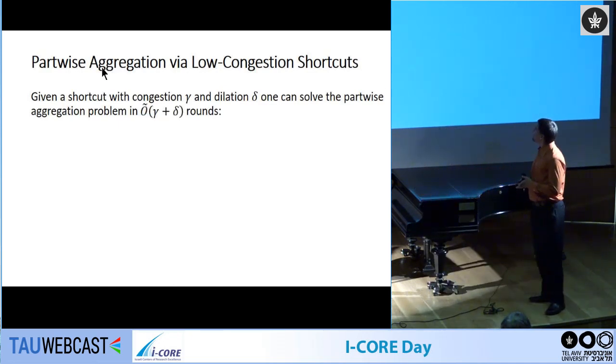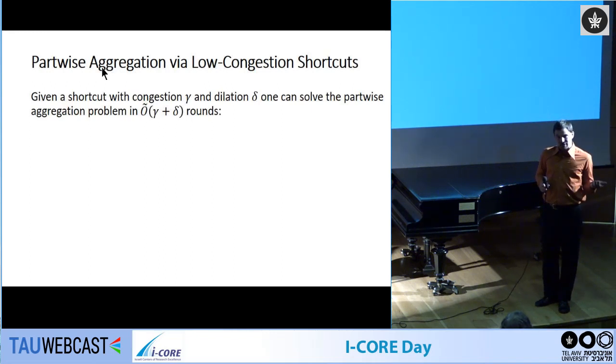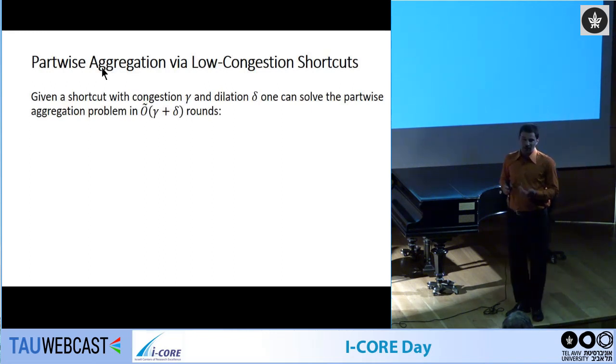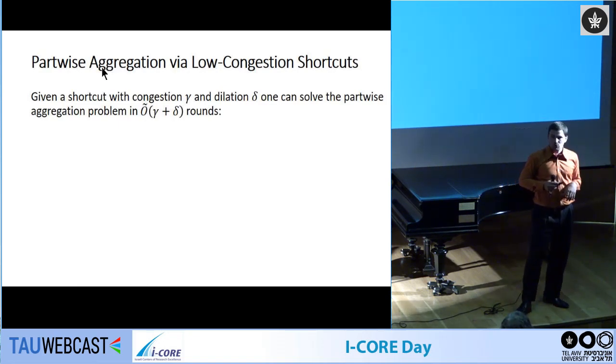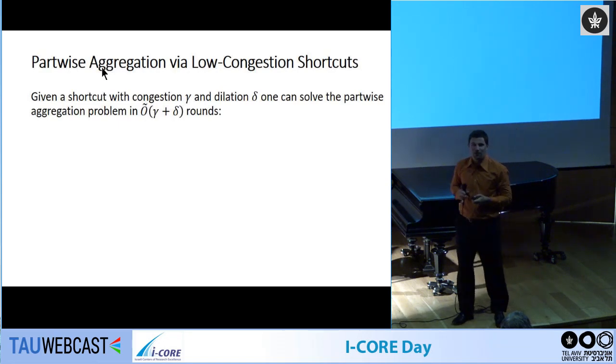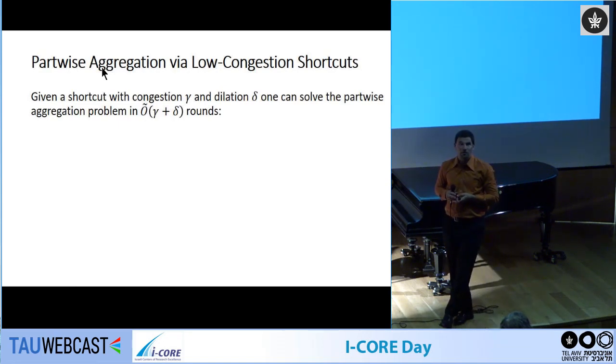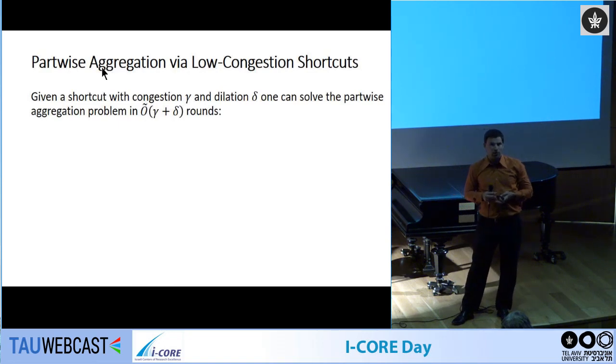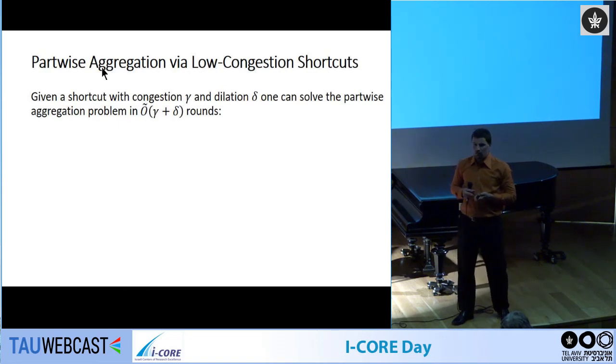I claim that if we have a shortcut with dilation delta and congestion gamma, then we can solve the pairwise aggregation problem in gamma plus delta time. Gamma times delta is really trivial. Does anybody see how to do gamma plus delta, times some logs? We're hiding logs everywhere here. Priorities, I don't think priorities would necessarily do it.